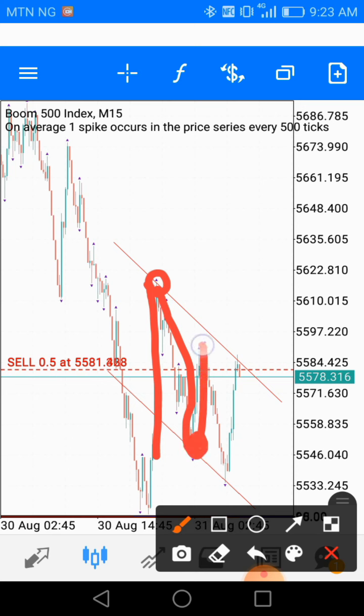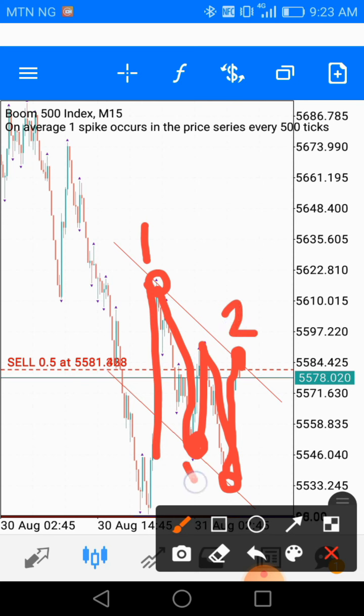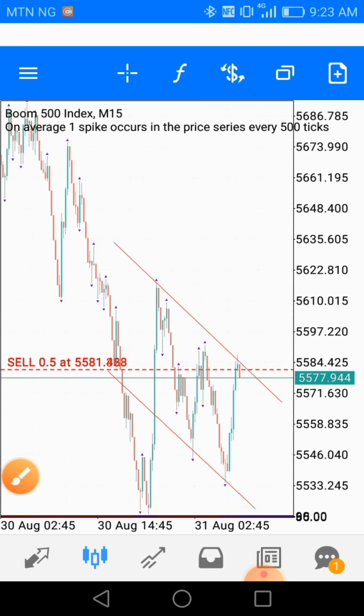He didn't touch the trend line upward again, but he came down and touched the trend line here and bounced off, and then going here, it's touching here already and is bouncing off. Now to the upside, the market has only made one touch, two touch, and then to the downside it has made one touch and two touch. Now let me clear this off and then show you.